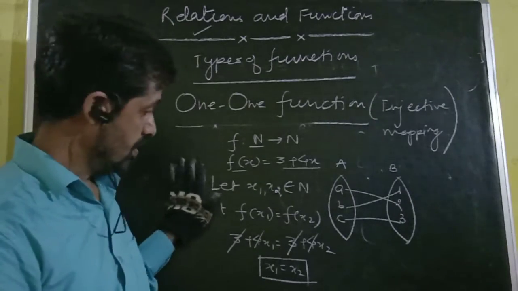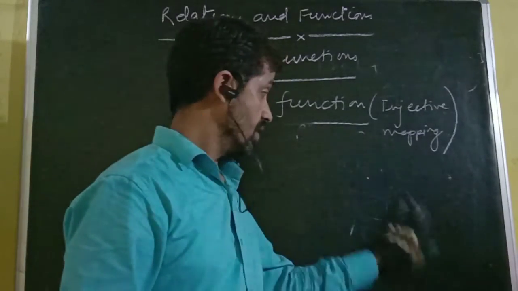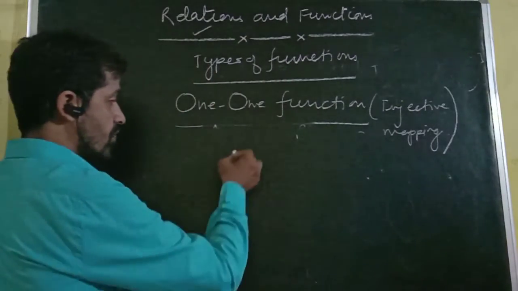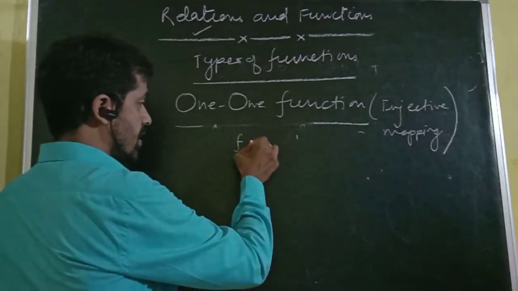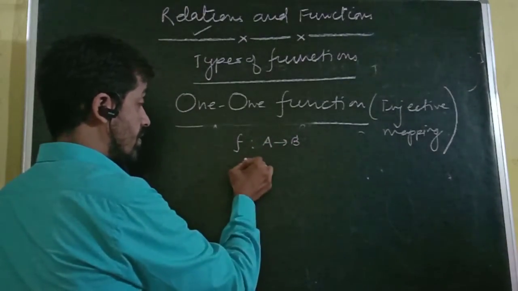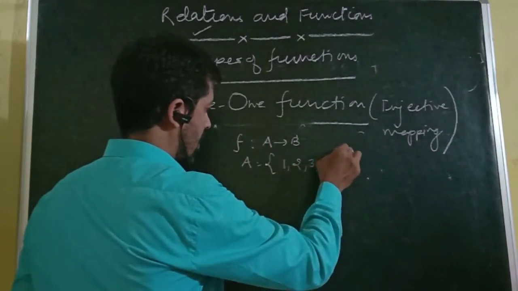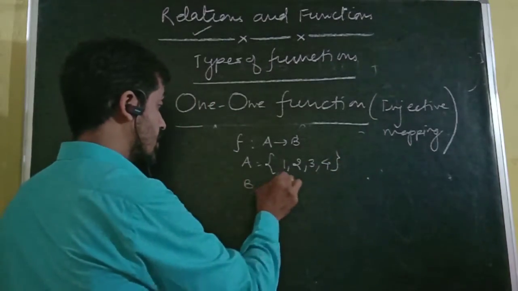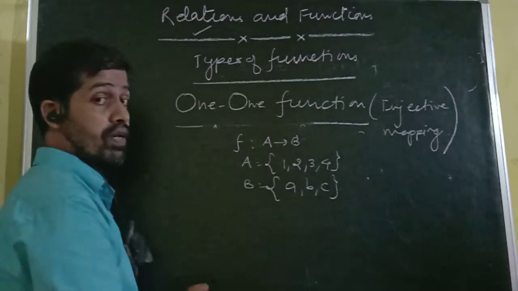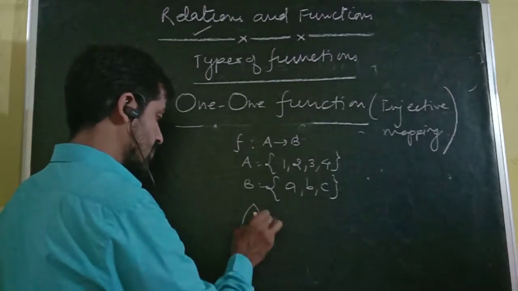Hope it is clear. The next thing we are going to have, which is part of our NCERT syllabus, is how many one-one functions we can define from set A to set B. Say f is defined from A to B, and set A has these elements, and set B has these elements.